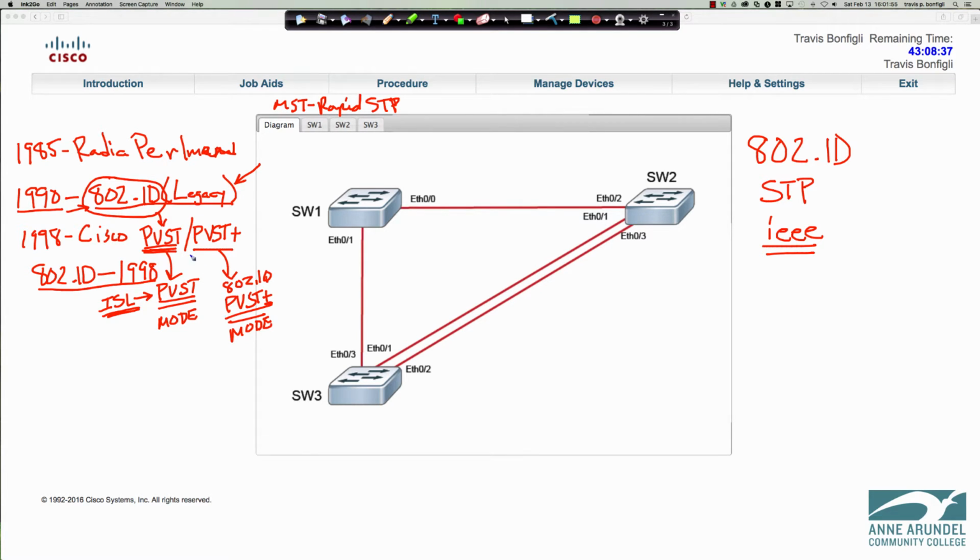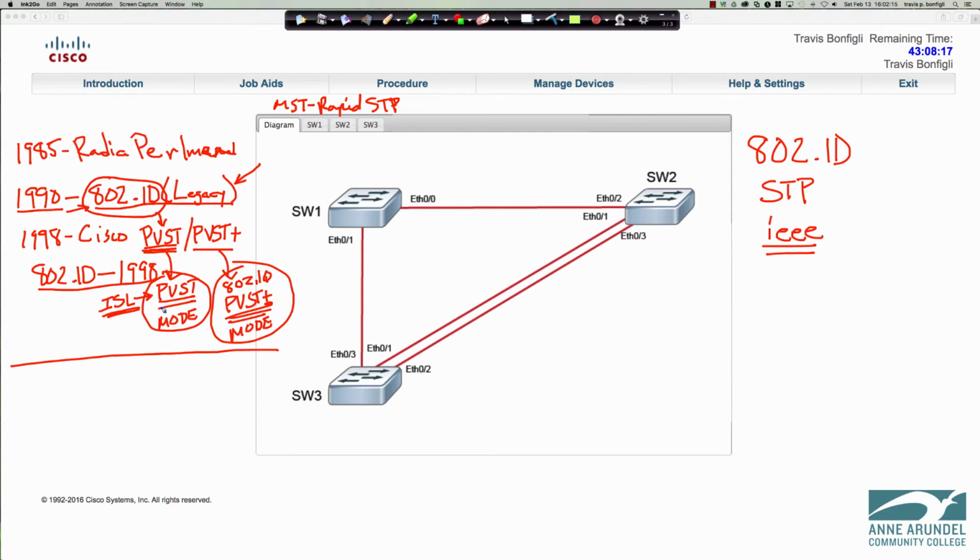Okay? And that's where we're going to cut off right there, because our conversation over the next 3 weeks, and specifically this week, is all about 802.1D legacy IEEE spanning tree, and as an extension on Cisco switches, PVST, PVST plus.